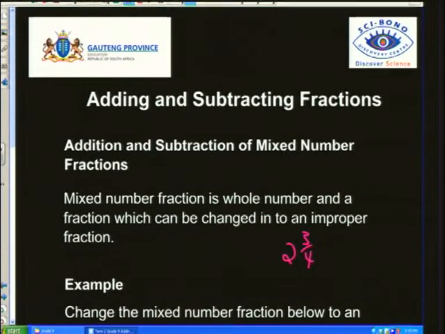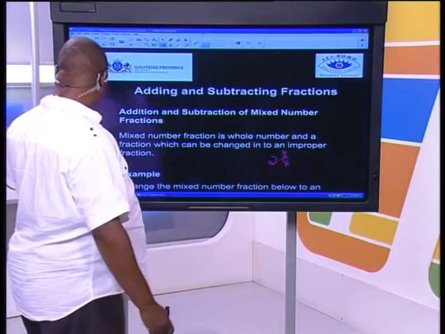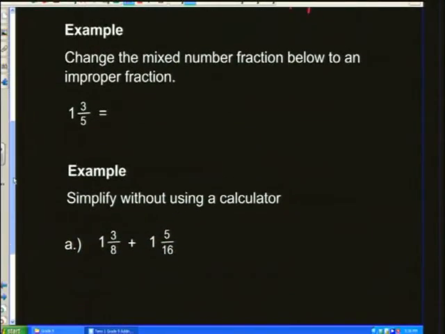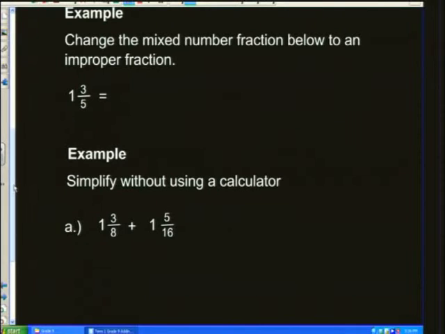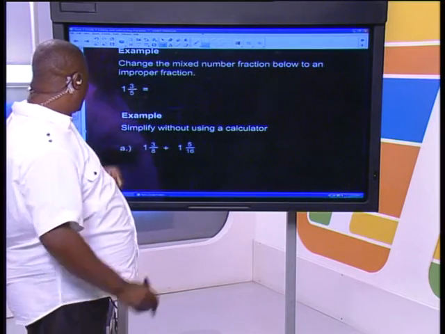Changing mixed number fractions to improper fractions, you've done that in the previous grade. Let's go to our example. Change the mixed number fraction below to an improper fraction. How do I change it? This is revision. You've done that in grade 6, 7 and 8.